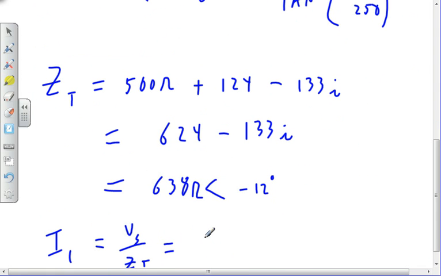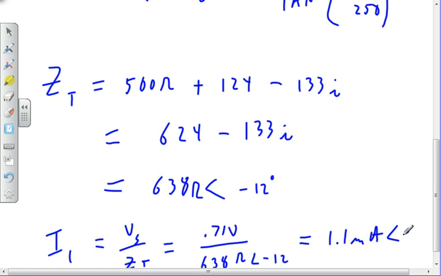0.71 volts divided by 638 ohms angle minus 12. 0.71 divided by 638. Boom. 1.1 milliamp angle 12.